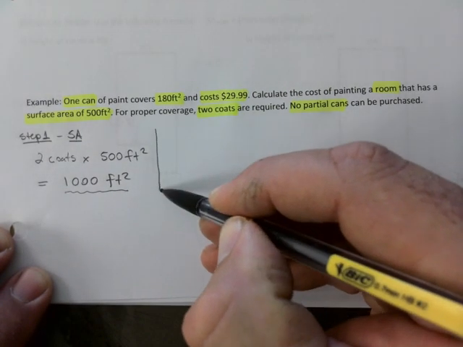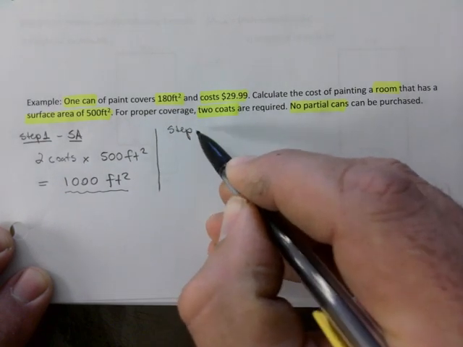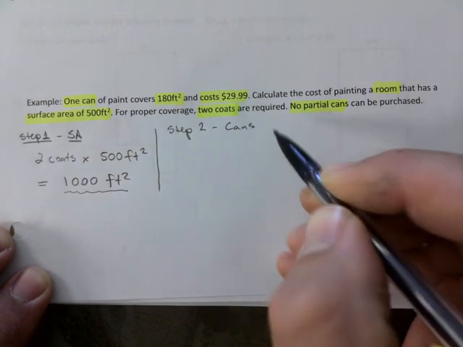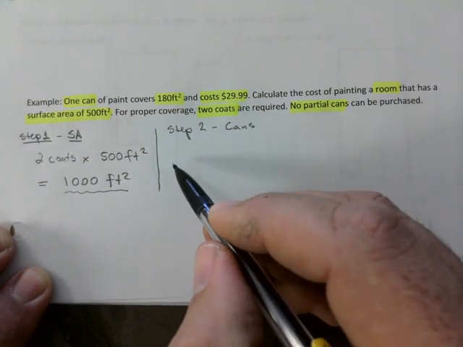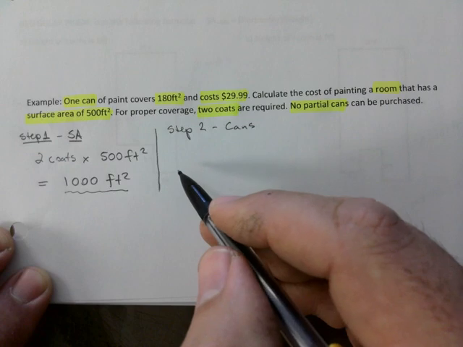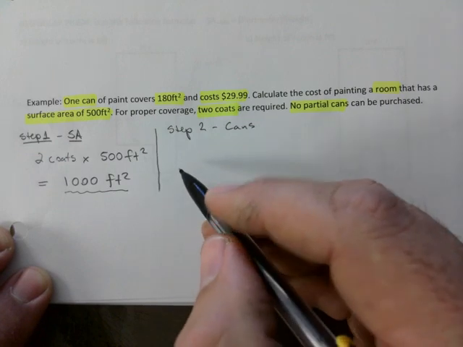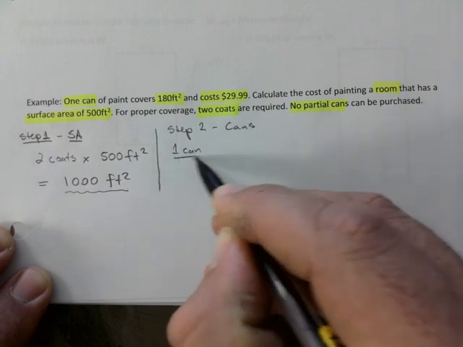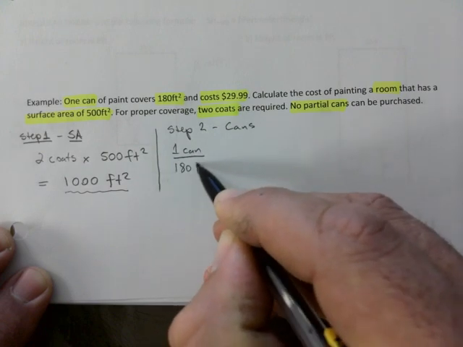And then step 2, in this case, how many cans will I require? Here's where you do it the way you see fit, but I will say this: 1 can covers 180 square feet.